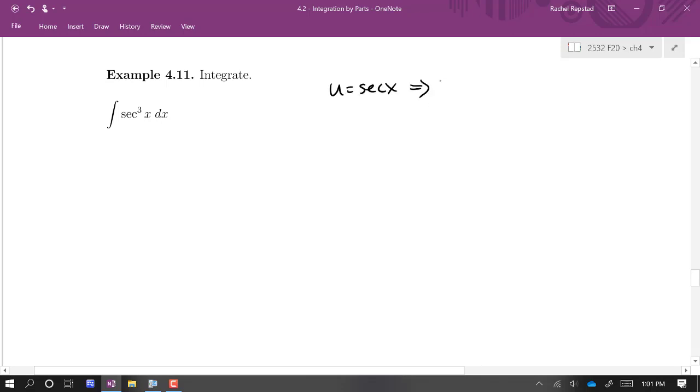We know how to integrate that. The derivative of secant is secant tan. That means now that dv has to be the rest of the factors. So that's secant squared x dx. And if that's dv, then its integral, or the simplest antiderivative, is just tan x.